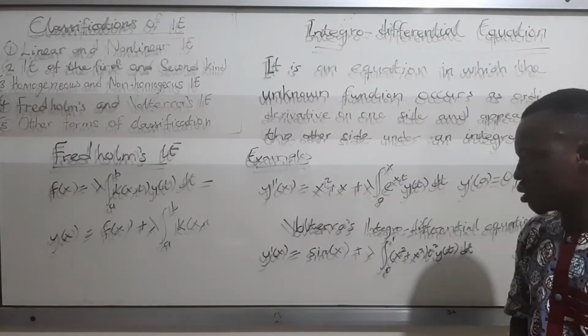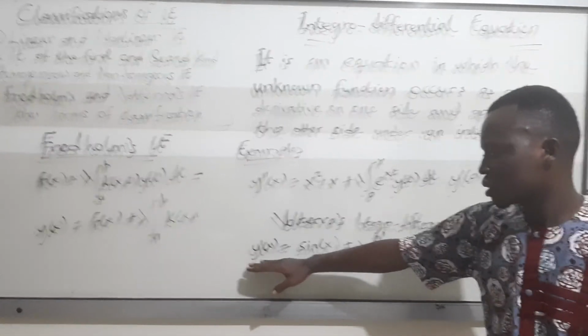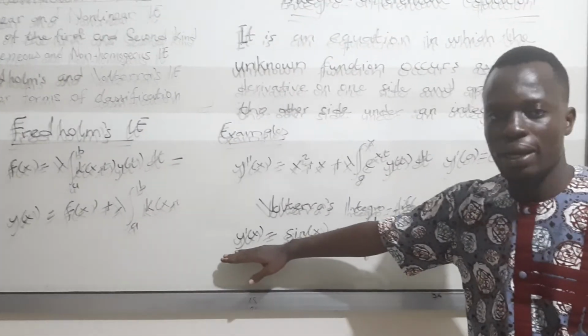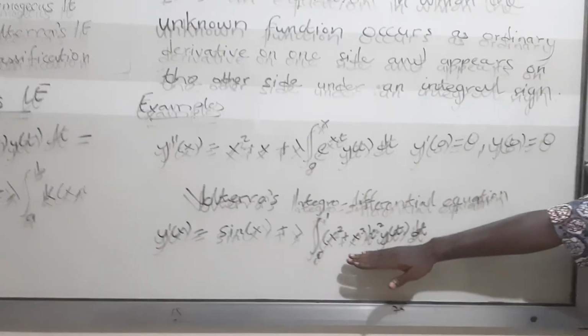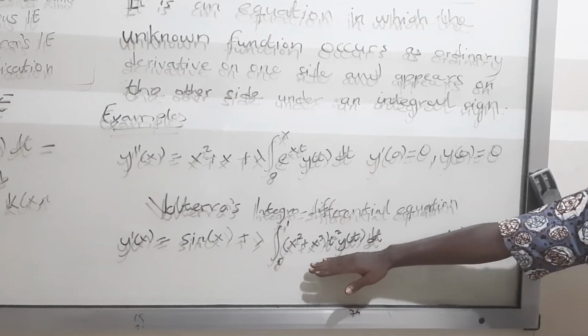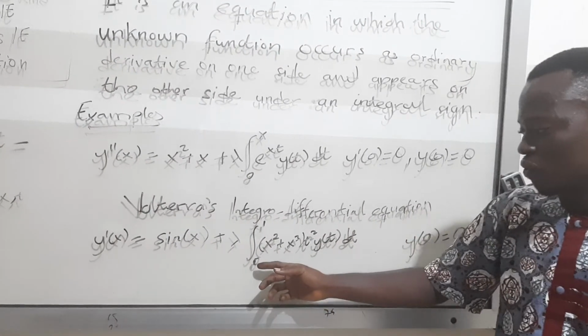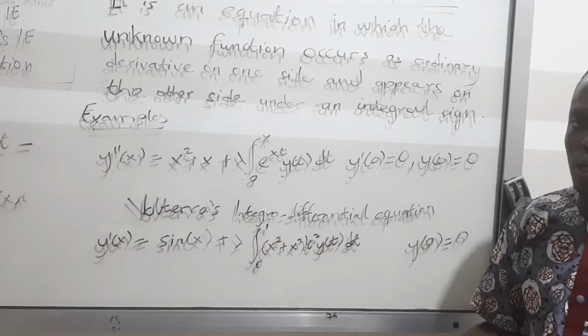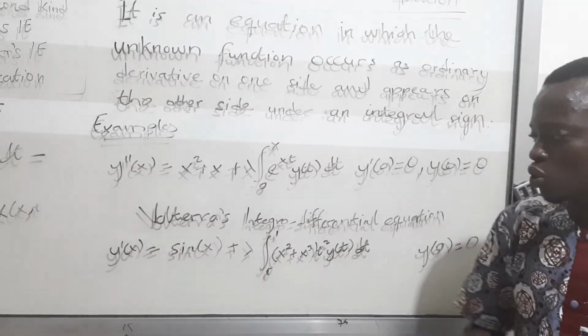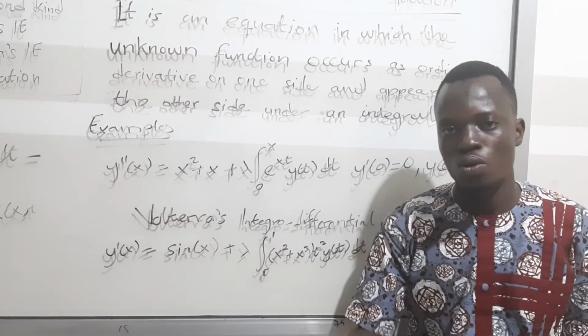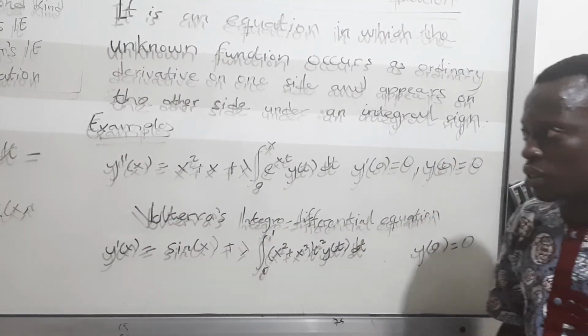This is our last example, and we easily see that the unknown function appears here as an ordinary derivative, and on this side under another integral sign. So if we check the limits of integration, from 0 to 1, 0 to 1 is a constant. So this makes this equation a Fredholm's integro-differential equation.